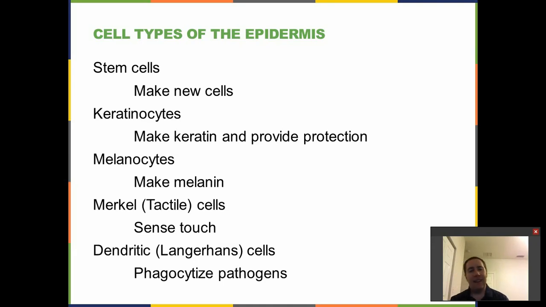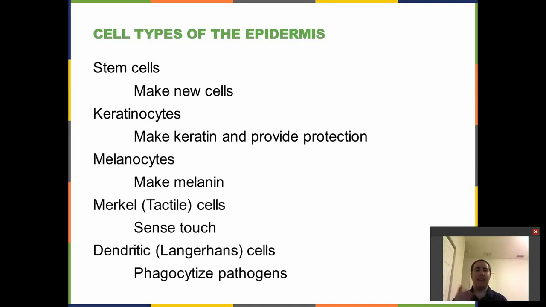Another type of cell here are the melanocytes. Remember, we saw melanocytes in that diagram, and they were also in the stratum basale. Melanocytes make melanin. We know melanin gives our skin tone the color it is. We'll talk more about skin tone later on, so we'll talk more about melanin later.